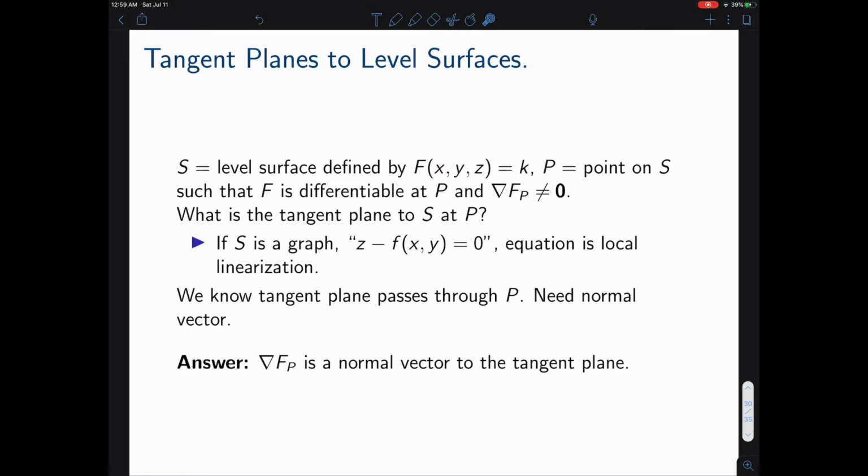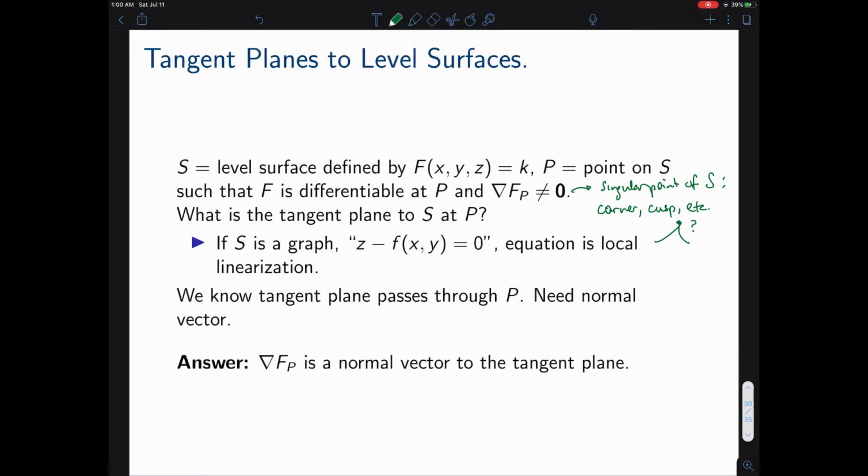It has to have derivatives, and the gradient can't be 0. If all the derivatives are 0, then that would be a singular point of surface S, like a corner or a cusp or something like that.